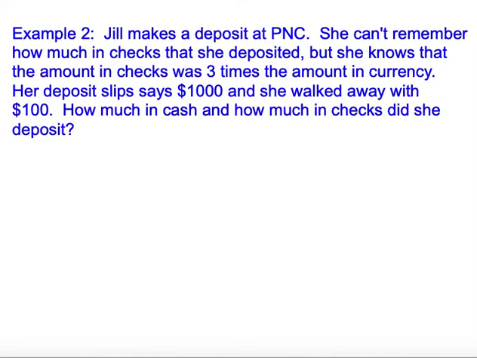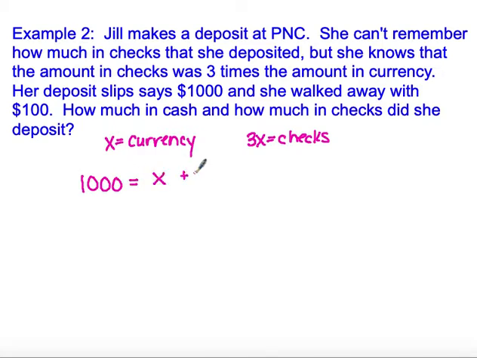So since she can't remember what her values were, I'm going to let x be currency. And since it said she deposited 3 times the currency, that means that 3x is going to be the amount in checks. Okay, so she started with a $1,000 deposit, and that included her currency, that included her checks, but it also included a $100 withdrawal.